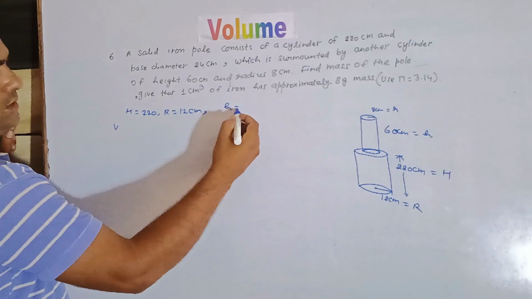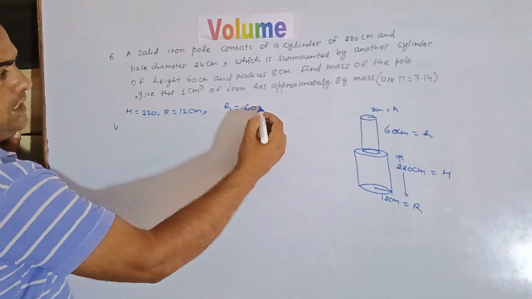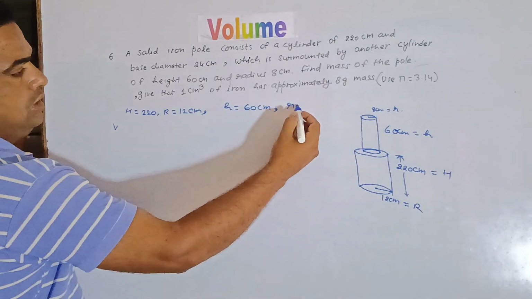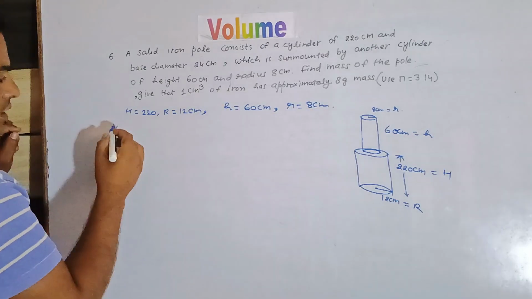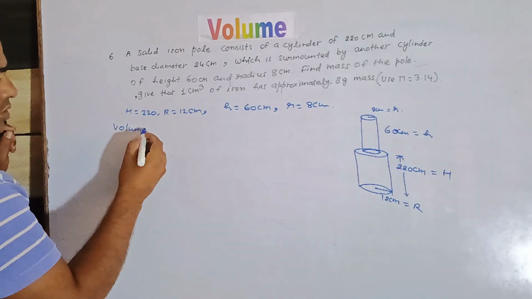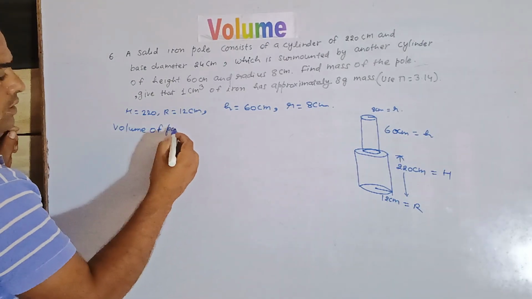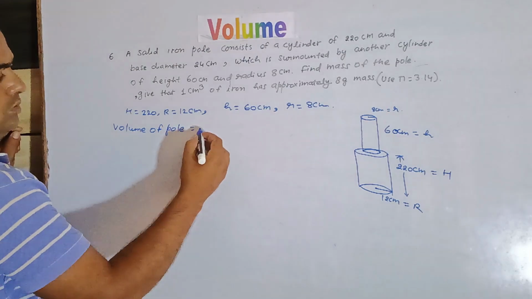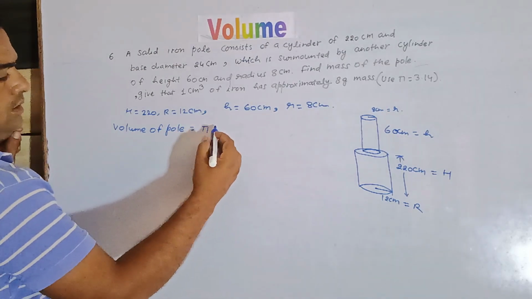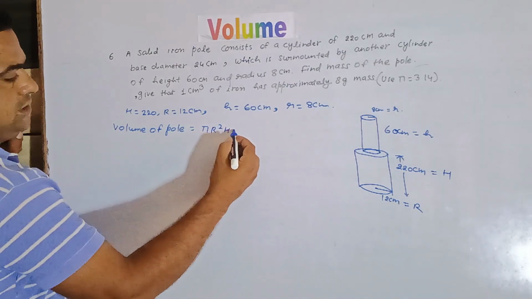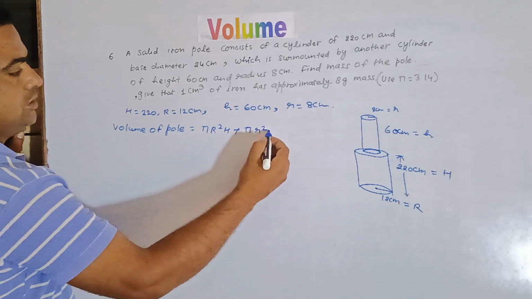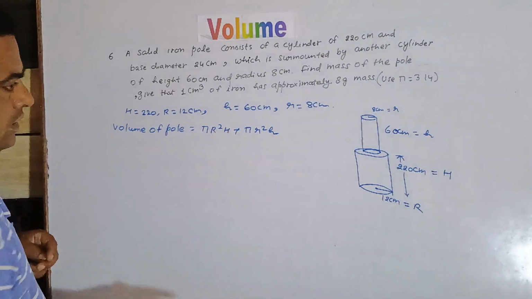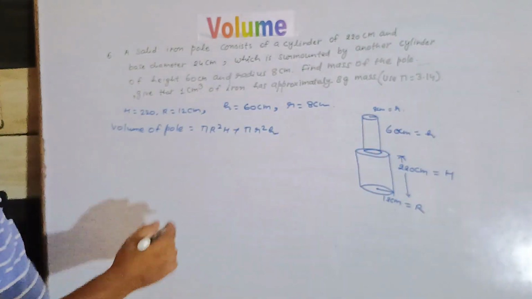Small h is 60 centimeter and small r is 8 centimeter. Now volume of pole is equal to pi capital R square H plus pi small r square h, meaning volume of large cylinder plus volume of small cylinder.